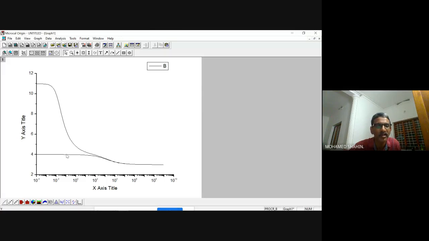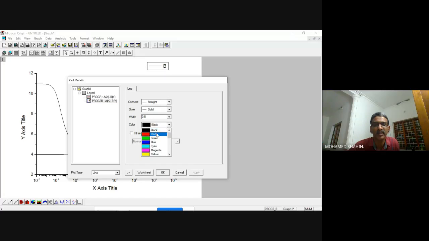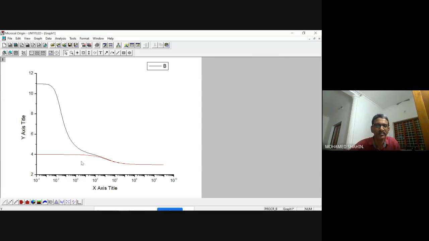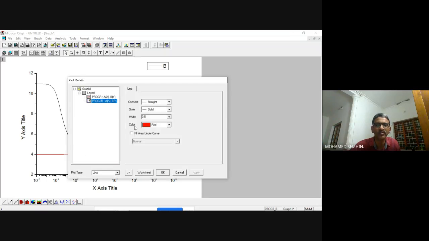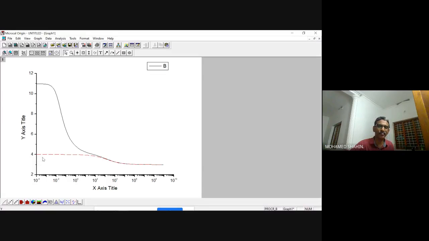Okay, I put it with another color, the red, apply. Okay, you can see that this is the second process with the line, not solid, dash, apply. Okay, so this is the second process.